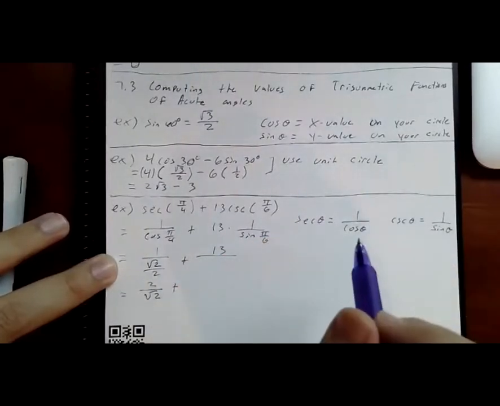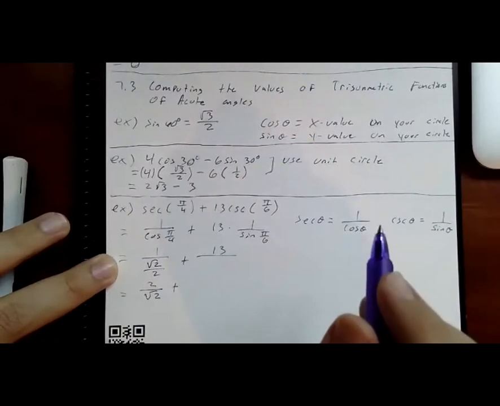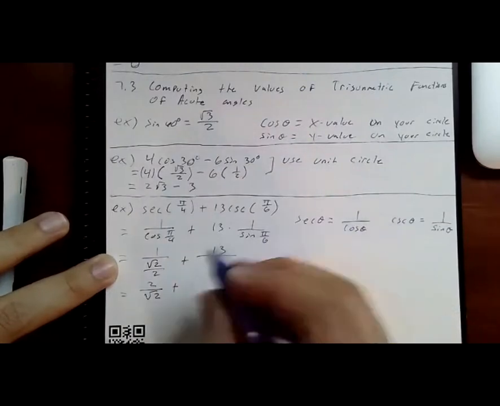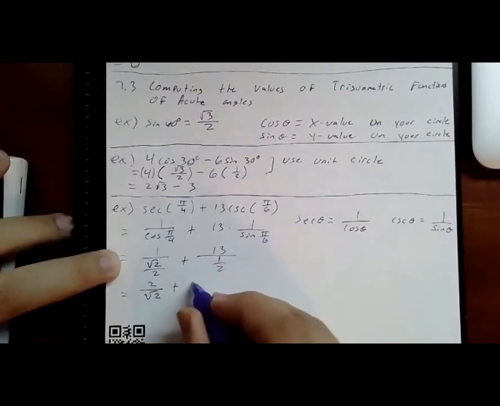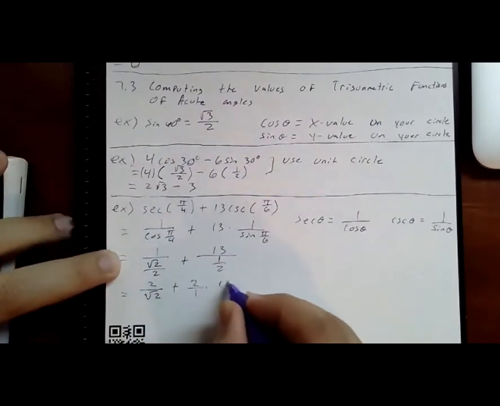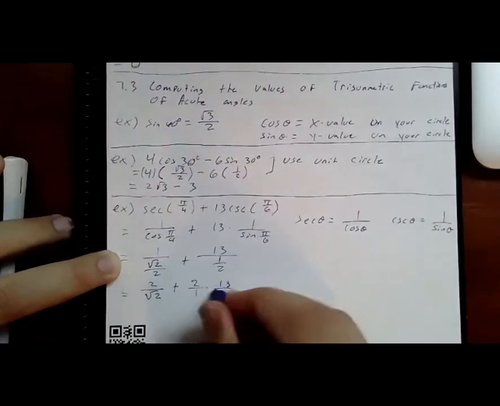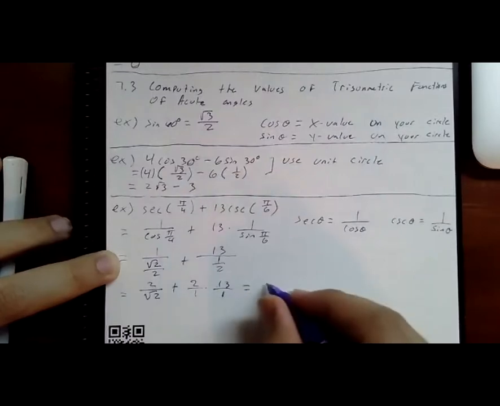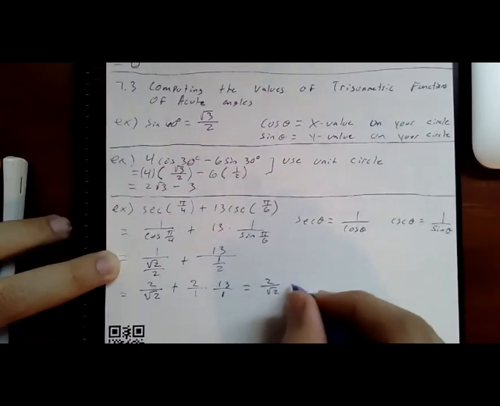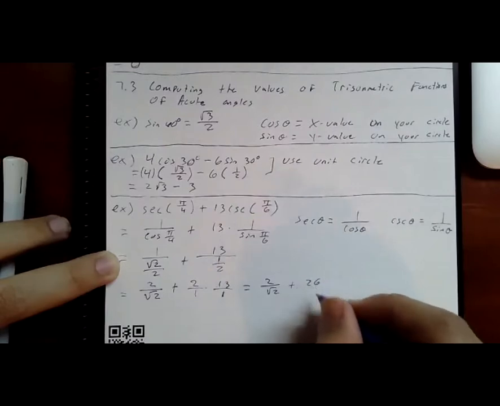Okay, so pi over 6 on your circle should be sine 1/2, which will give us 2 over 1 times 13 over 1. So then we get 2 over root 2 plus 26.